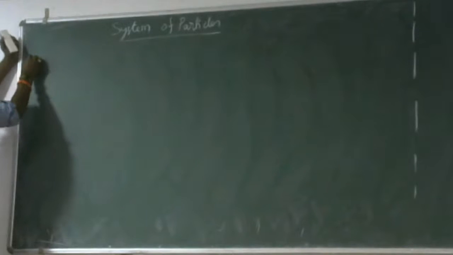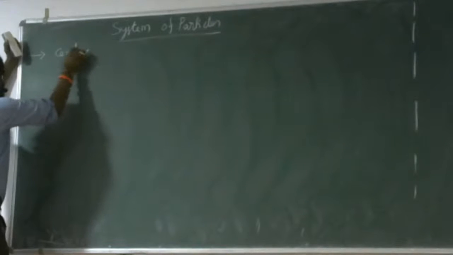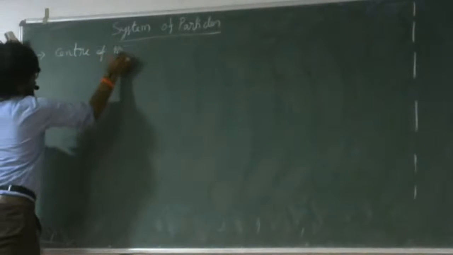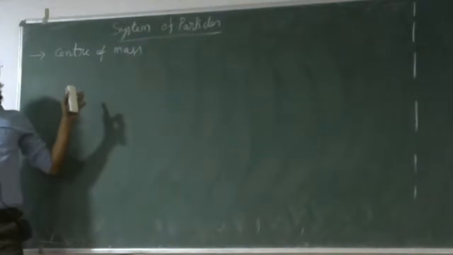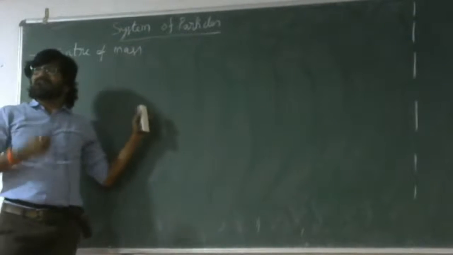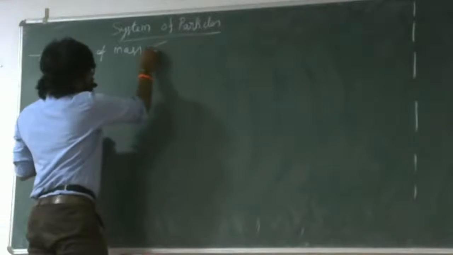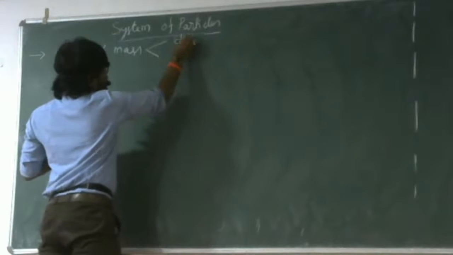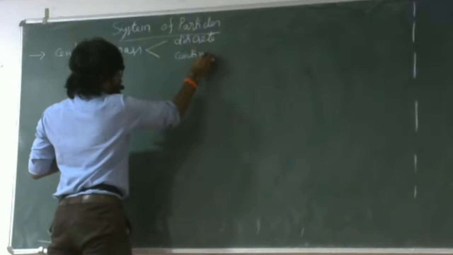First, we discuss briefly about center of mass. Under this, we will see what is center of mass and how to calculate center of mass for discrete particle systems and for continuous mass bodies.